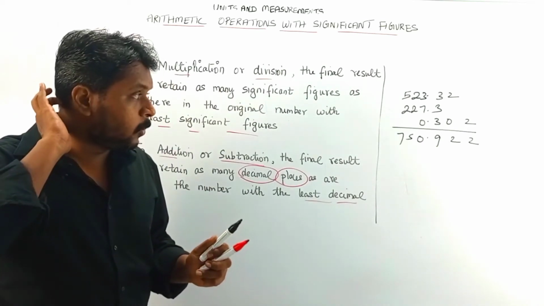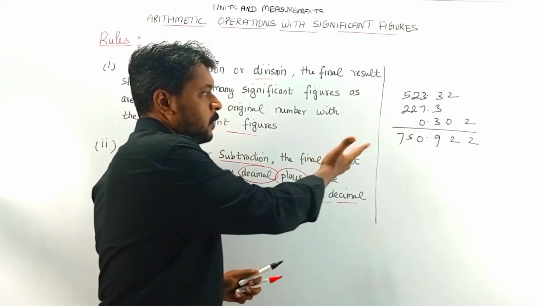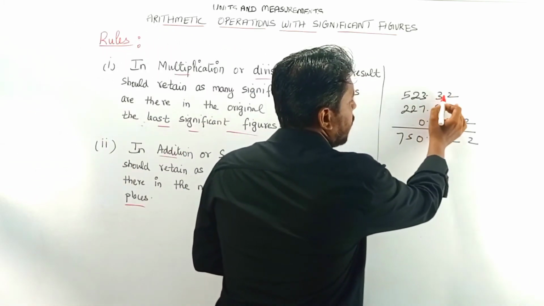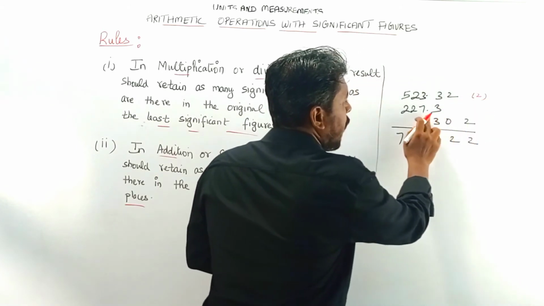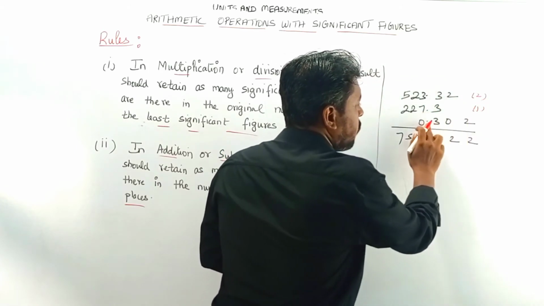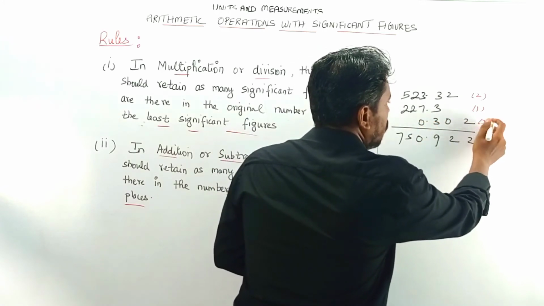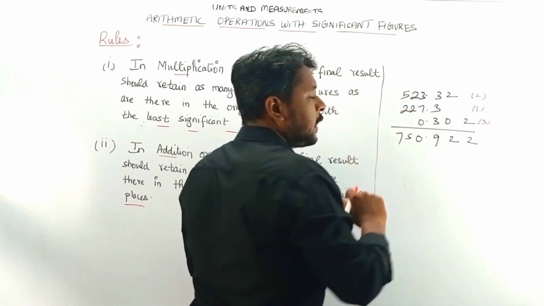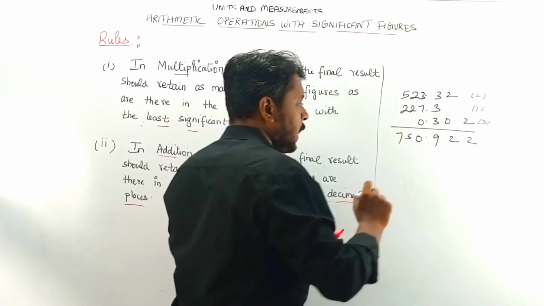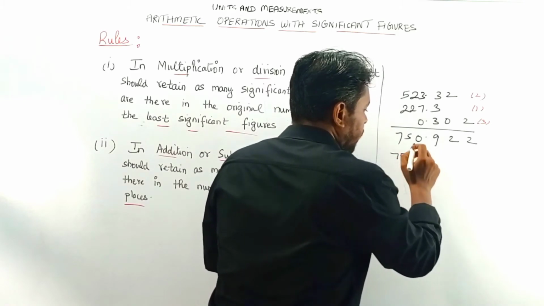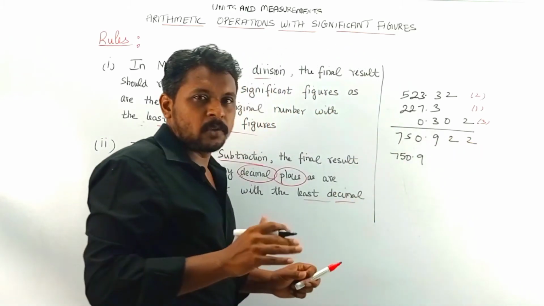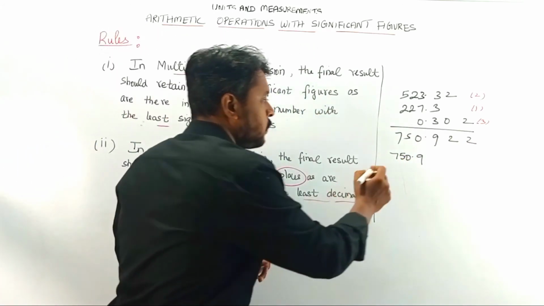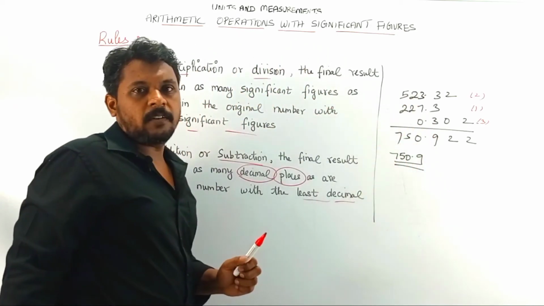Now I have to represent the answer with the least decimal places. After the decimal, the first number has two digits, so 2. The second has one digit, so 1. The third has three digits. Among these, 1 is the least, so I have to represent the result with one decimal place. The answer is 750.9, because the next digit is less than 5, so no need to raise the 9. So 750.9 is the answer for this addition.